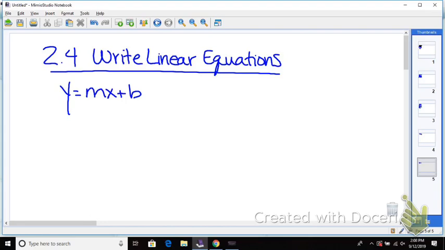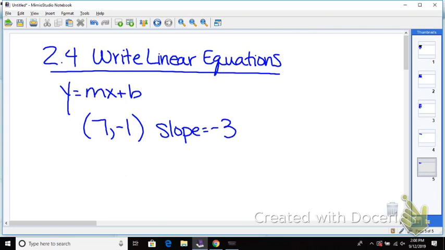We'll start with an easier one. If I give you a point, let's say (7, -1), and I tell you the slope is equal to -3.